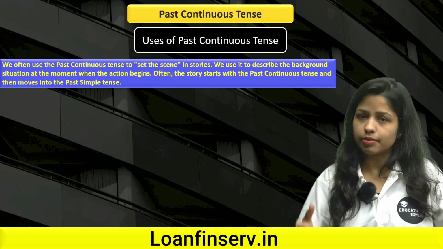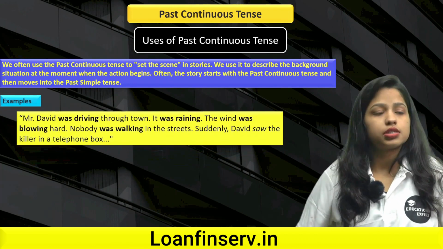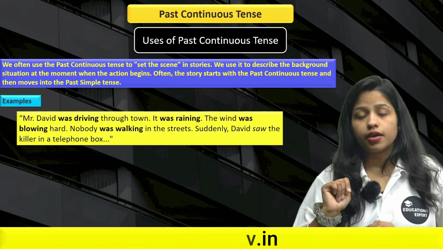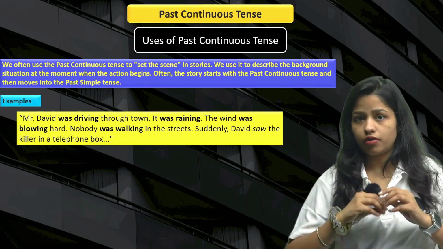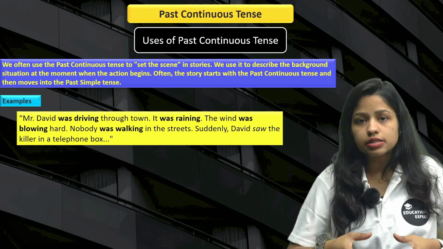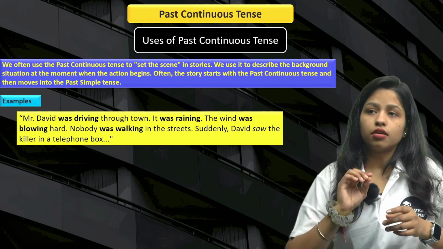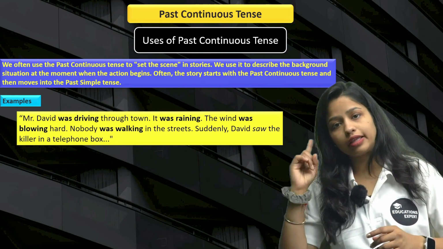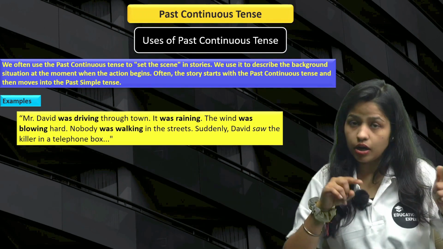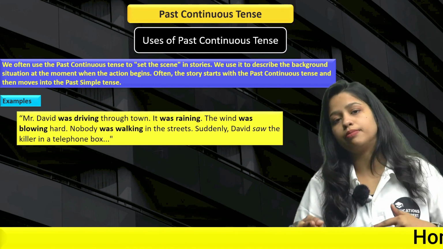So let's see some examples of it. So this is the example. Mr. David was driving. If you remember, in Hindi when we start a story, we usually start by saying that Mr. David was doing that, he did this, at that time that was happening. Then we shift to past simple tense.